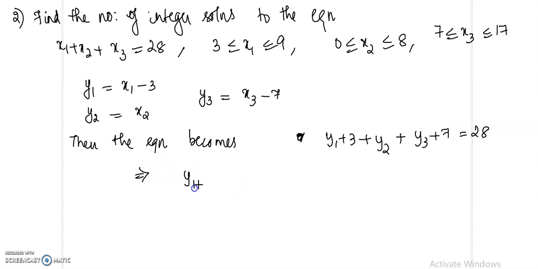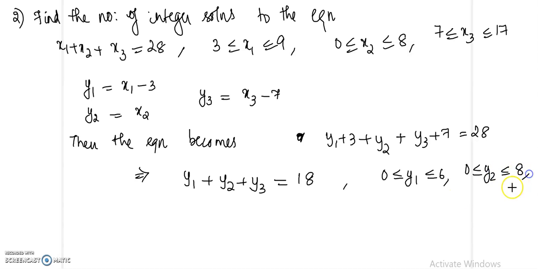So that is y1 plus y2 plus y3 equal to 18, and we'll have the conditions: 0 less than or equal to y1 less than or equal to 6, 0 less than or equal to y2 less than or equal to 8, and 0 less than or equal to y3 less than or equal to 10. Now let me define my universal set S to be the set of all non-negative integer solutions.